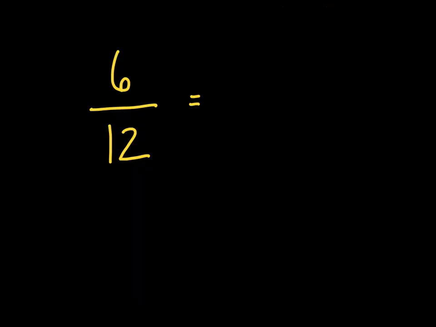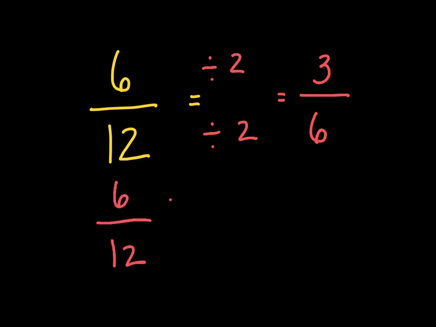All right, give me an equivalent fraction of 6/12. Well, we're going to use our good old division, and I'll use 2. 6 divided by 2 is 3. 12 divided by 2 is 6. So 6/12 and 3/6 are equivalent. Guys, you could also do this. You could divide the top and the bottom by the greatest number, and that would show me simplifying.